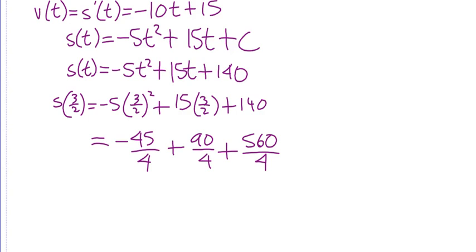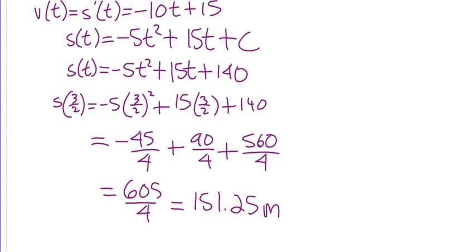You can multiply 140 by 4: 4 times 100 and 4 times 40. Add them together, so we get 605 over 4, which is 151 and a quarter meters, right? 4 goes into 600 150 times, and into 5, 1 and a quarter times.